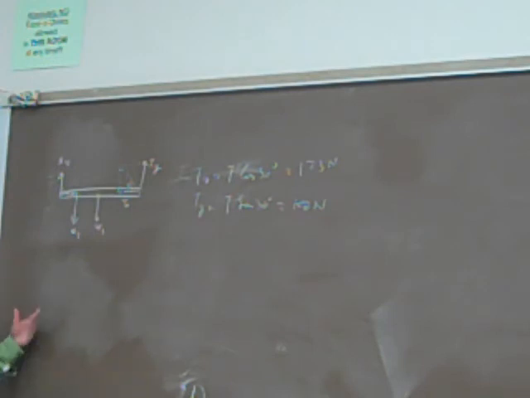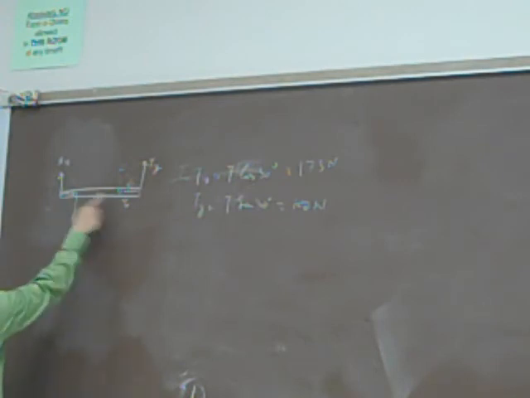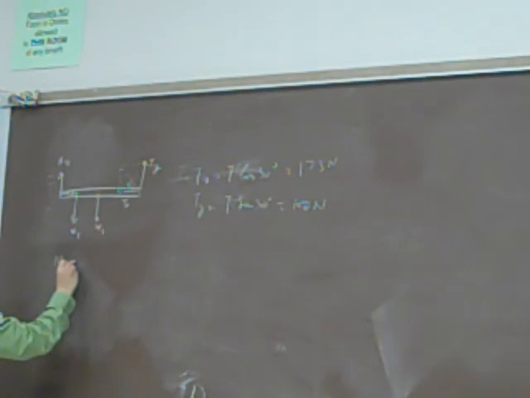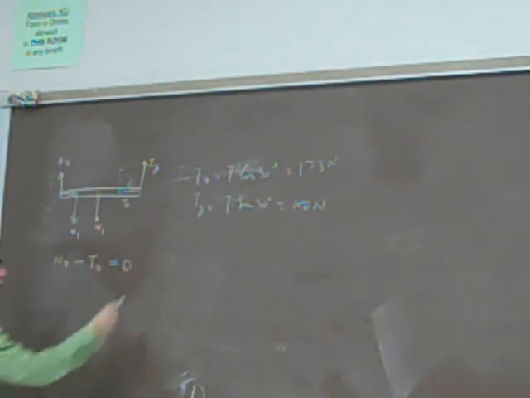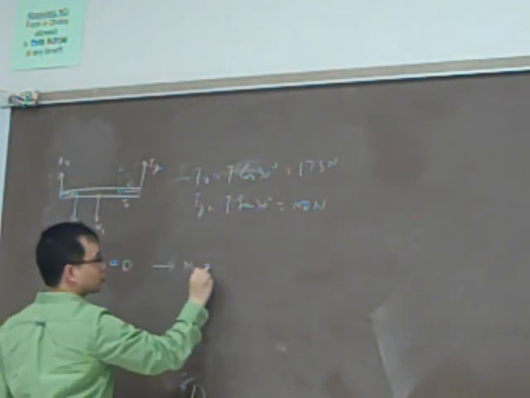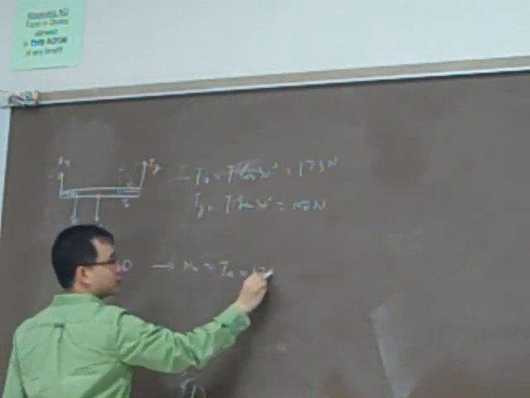Now if we write down the x direction force balance equation, how many forces do we have along the x direction? 1, 2, right? So it should be Nx minus Tx equals 0. That means Nx equals Tx equals 173.